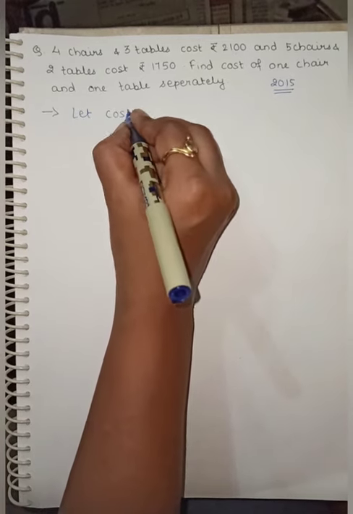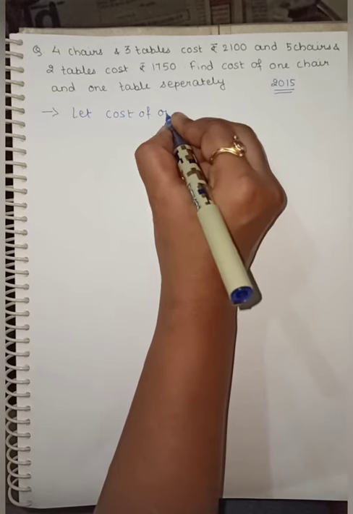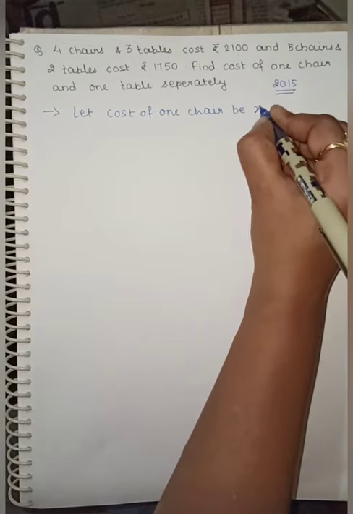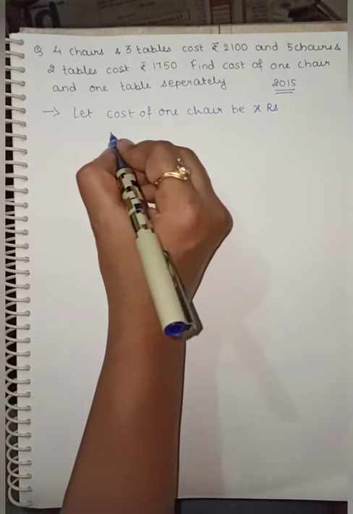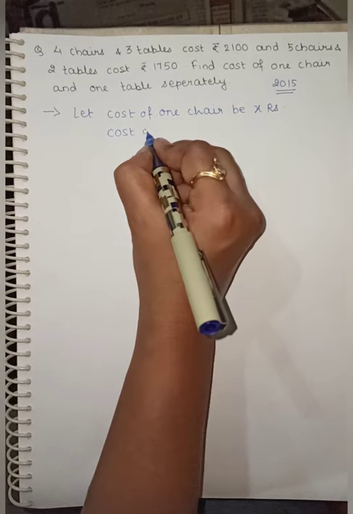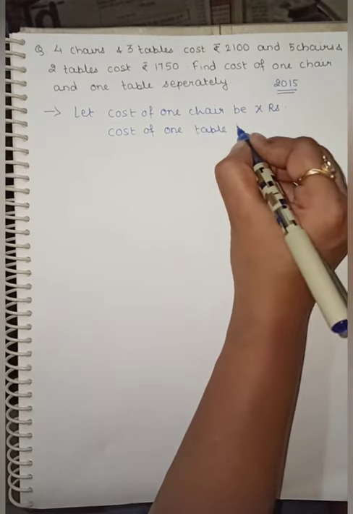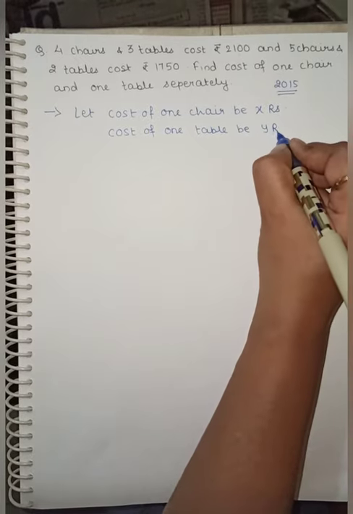Let the cost of one chair be x rupees and the cost of one table be y rupees.